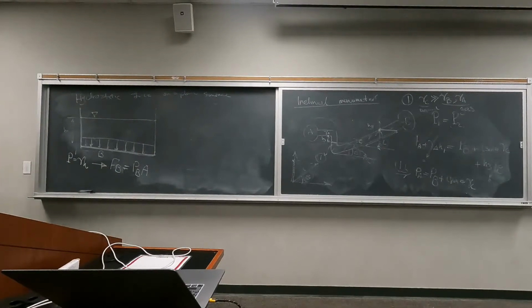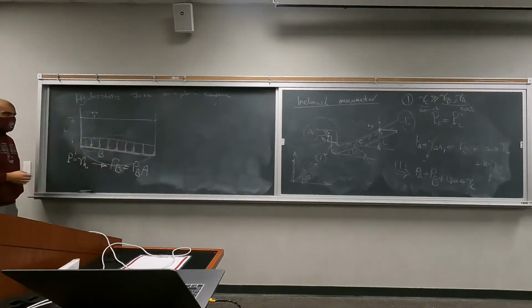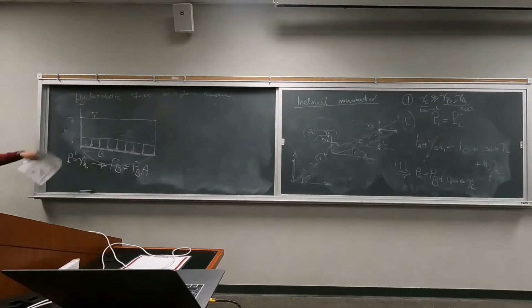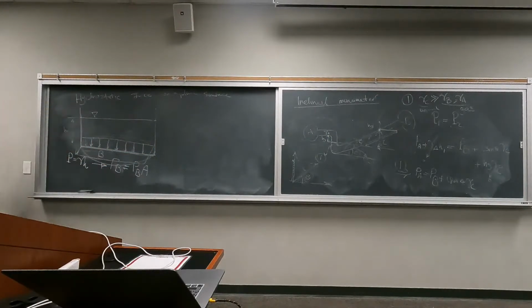If it's a cylinder, your area is going to be pi r squared, right? If it's a rectangular thing, it has to be the multiplication of the different lengths we have here, okay? So this is the area.